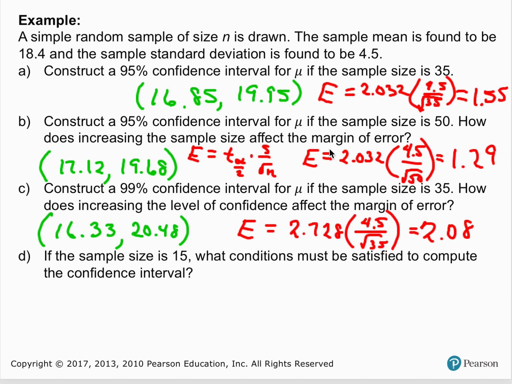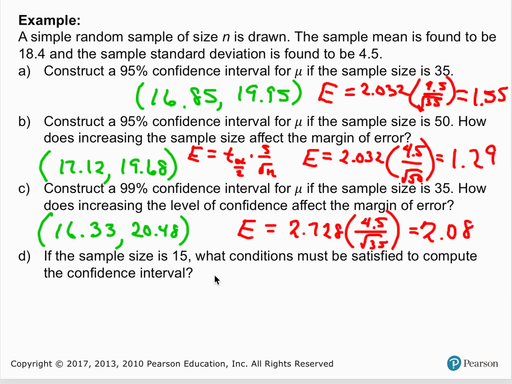Okay? So if your sample size gets larger, your margin of error decreases. If your level of confidence gets larger, your margin of error increases. Okay, what about this? If the sample size is 15, what conditions must be satisfied to compute the confidence interval?